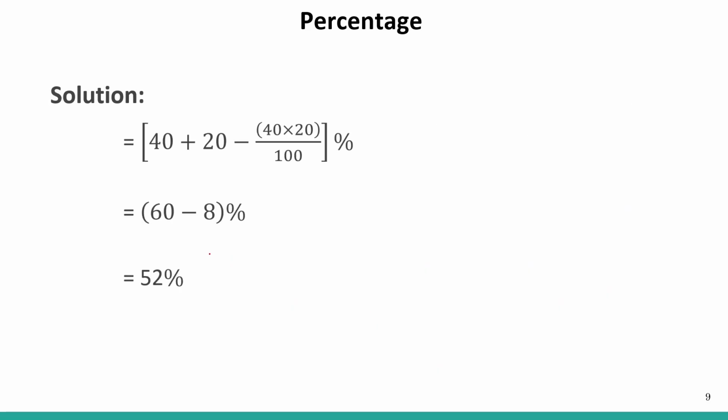So the required net discount will be 40 plus 20 minus 40 into 20 whole by 100%. Okay, this is the general formula. If you want to give successive discounts, then D1 plus D2 minus D1 into D2 whole by 100.